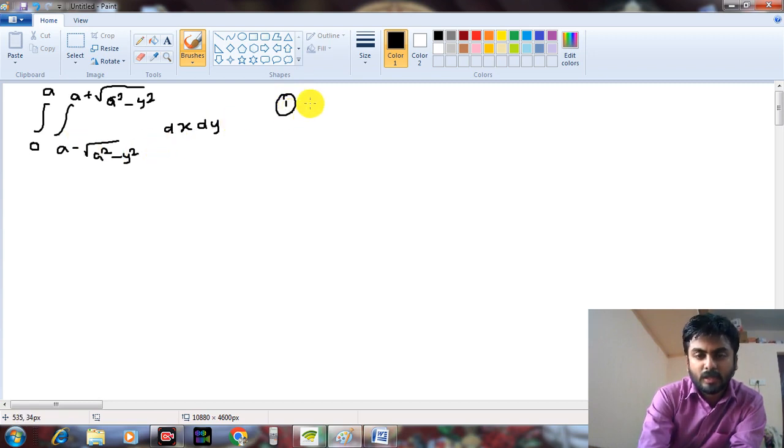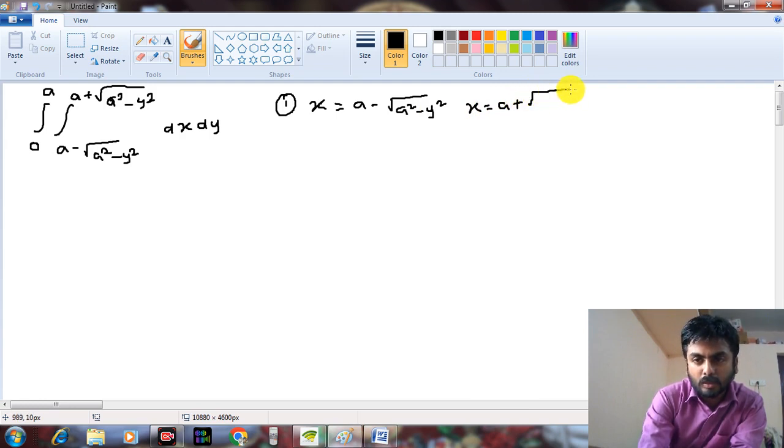The limits are x equal to a, x equal to a minus root of a square minus y square, and x equal to a plus root of a square minus y square, and we are having y equal to 0 and y equal to a.